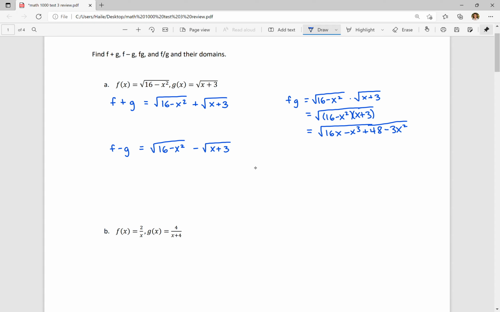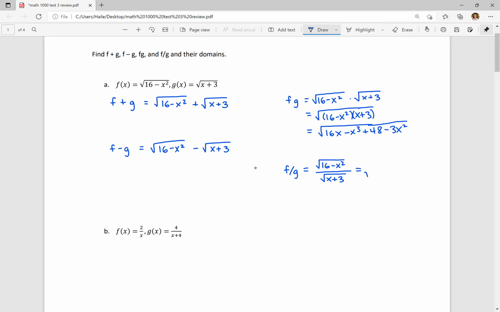For f divided by g, we simply take the function f, so the square root of 16 minus x squared, divided by the function g, so the square root of x plus 3. Just like with multiplication, when you divide two square roots, we can combine these into a single square root with a fraction on the inside.